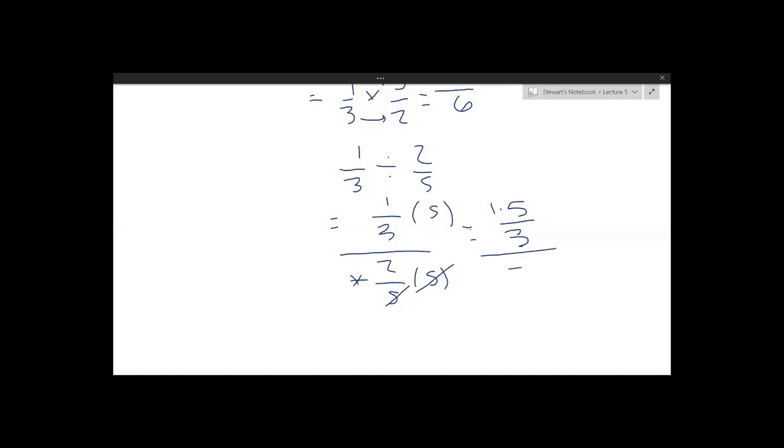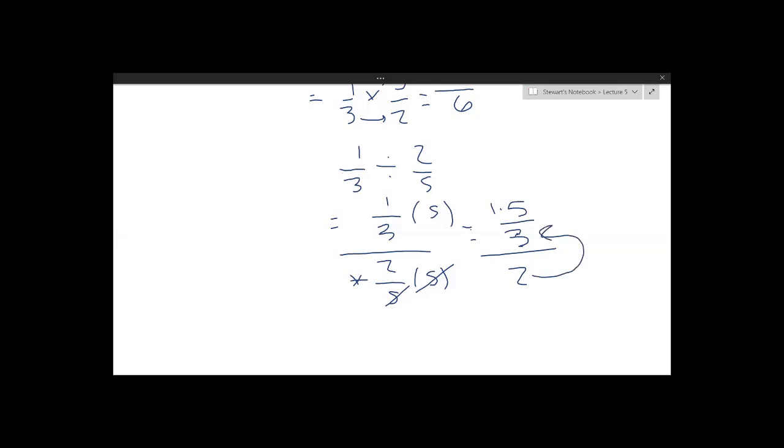1 times 5/3 all over 2. And then to get rid of this 2, since we're dividing by 2 here, if we think about this, we should put it where the division is, in the denominator.